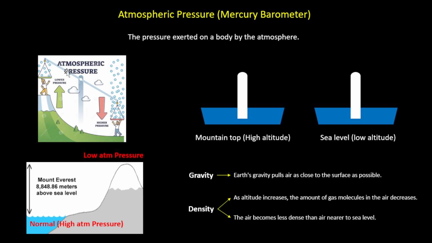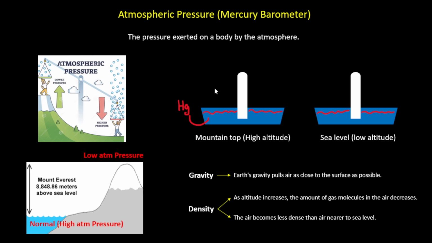What we notice is that at high altitudes, such as the top of mountains or the top of buildings, we have lower atmospheric pressure. How it can actually be checked is that if you put a mercury barometer here, on both sides, you will be putting mercury inside there, and your measuring cylinder or test tube would contain mercury as well.